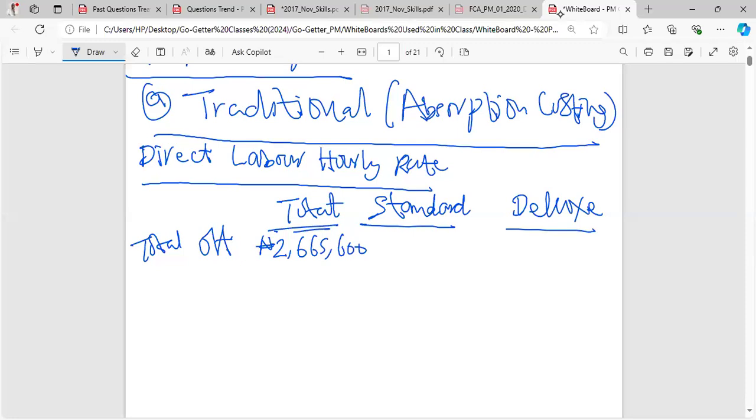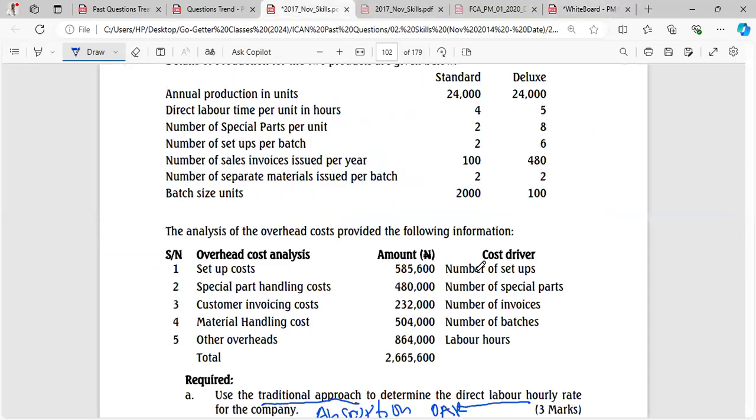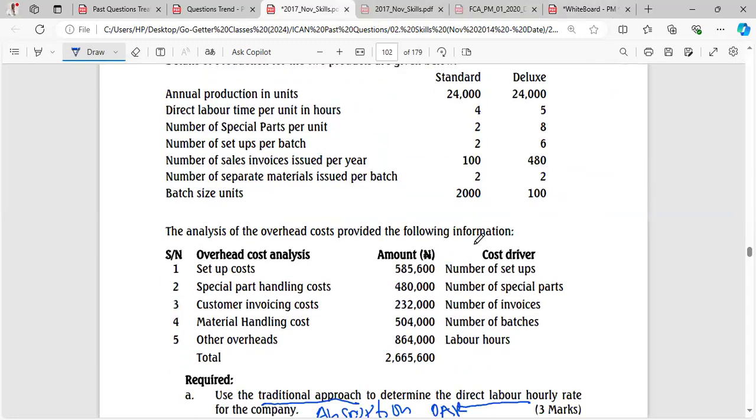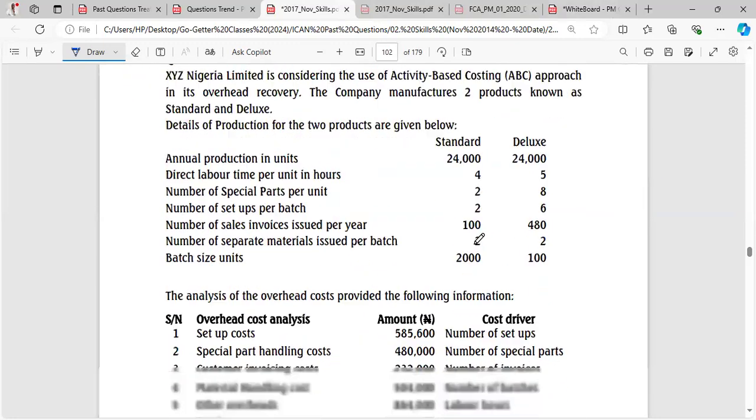Now, I am supposed to divide this by the total labor hours. Now, the total labor hours is what we are going to calculate. How do we get the total labor hours? We are told here that direct labor time in hours for standard is 4.